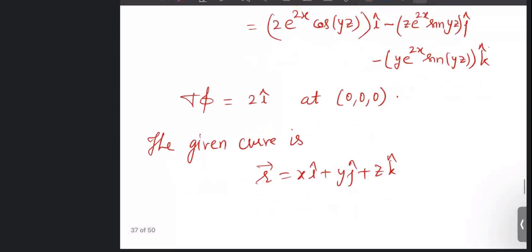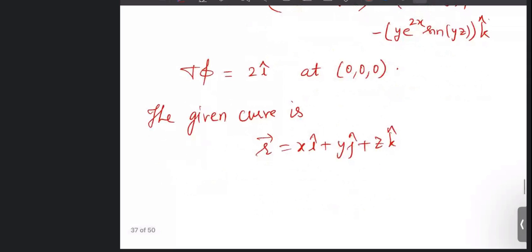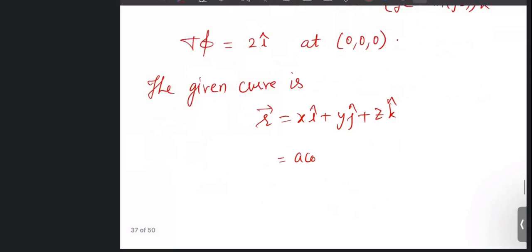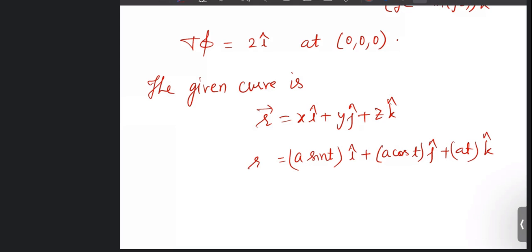Then we have x, y, z all in terms of t. So that is equal to a sine t into i, a cos t into j, a t into k. This is r.